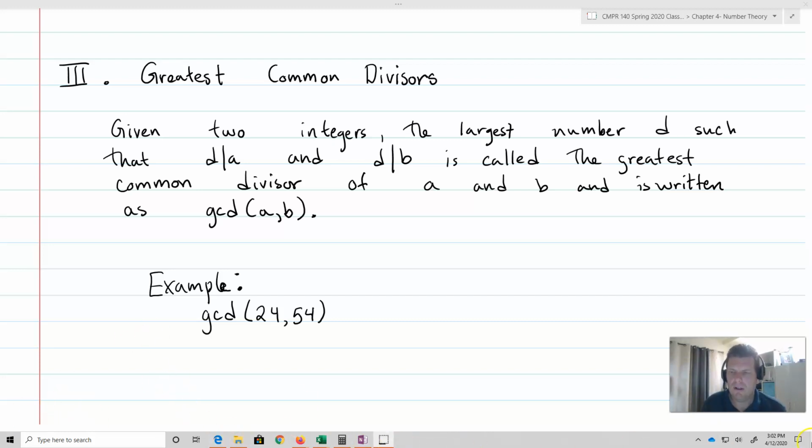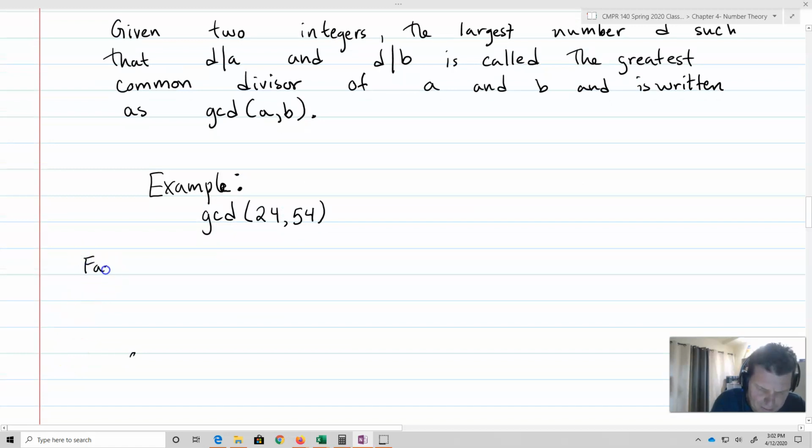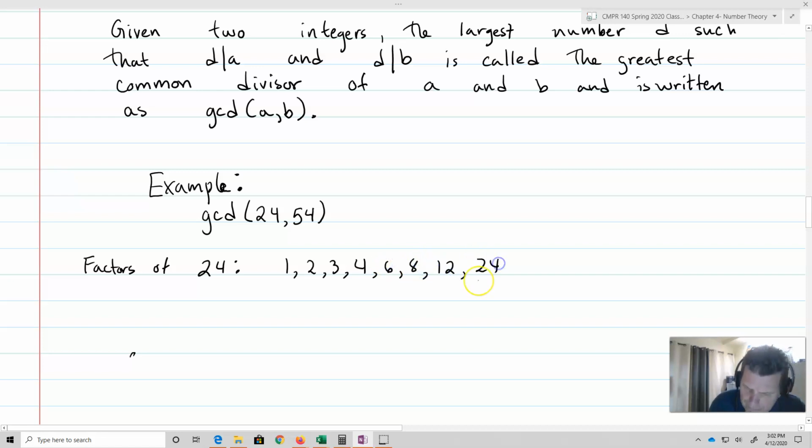So for example, the GCD of 24 and 54, okay? If I think about all of my different factors for 24, the factors of 24 are going to be 1, 2, 3, 4, 6, 8, 12, and 24.